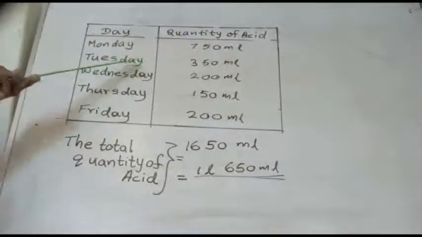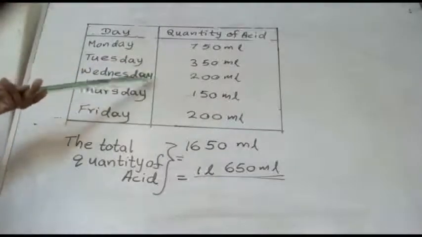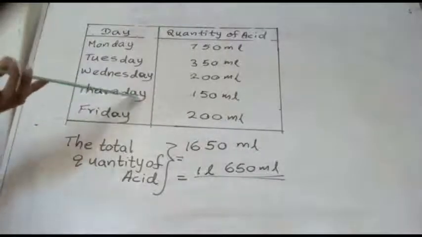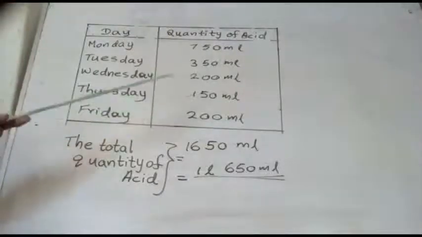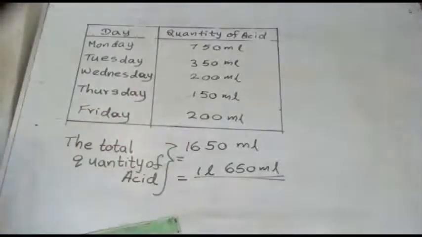Tuesday is 350 milliliters. Wednesday is 250 milliliters. Thursday is 150 milliliters. Friday is 200 milliliters. Find the total quantity of acid that was used during the 5 days.